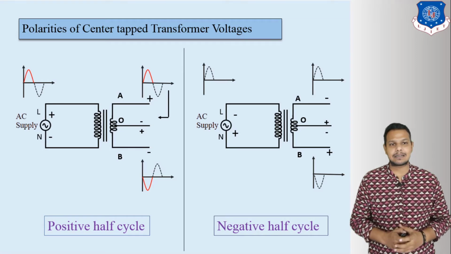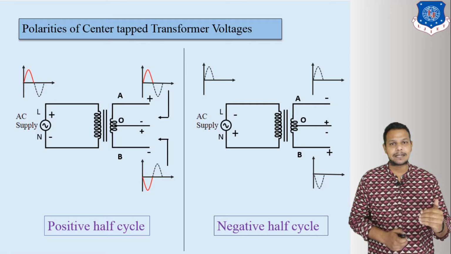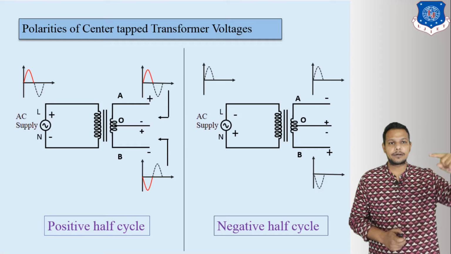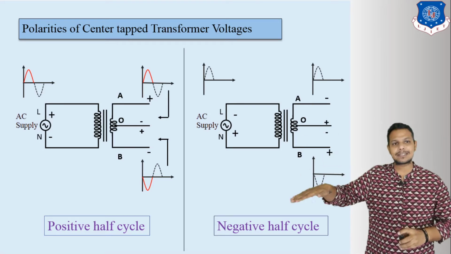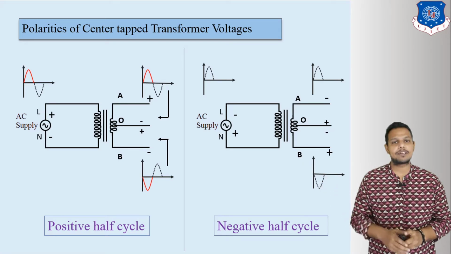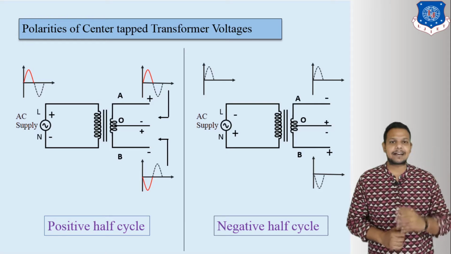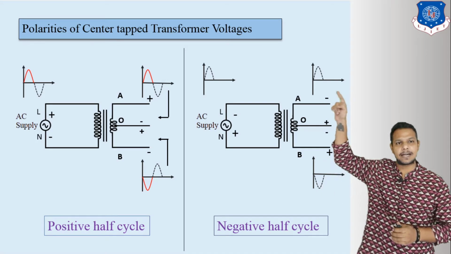Now let us discuss the negative half cycle. If we enter a negative half cycle, the polarities are changed. Above we have minus, and on the lower side we put positive. Current always flows from positive to negative. Similarly, on the secondary side, we have positive on one side and negative on the upper side.